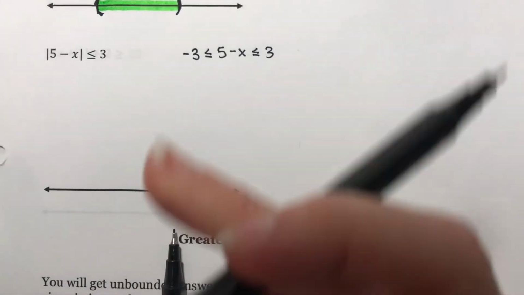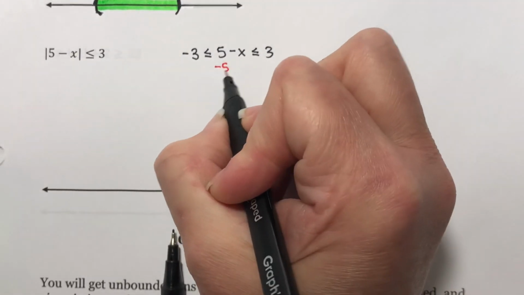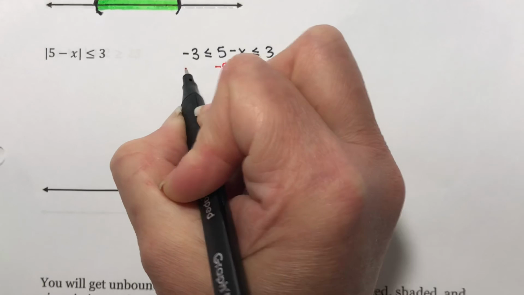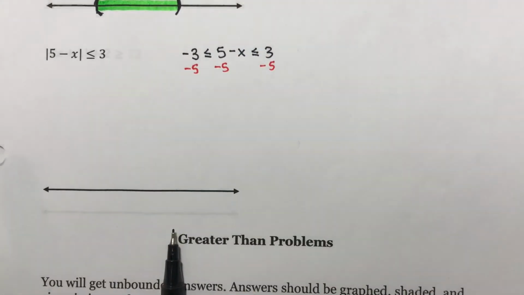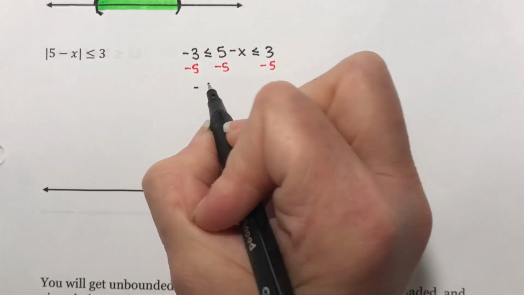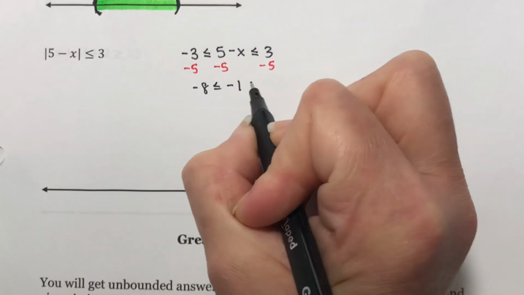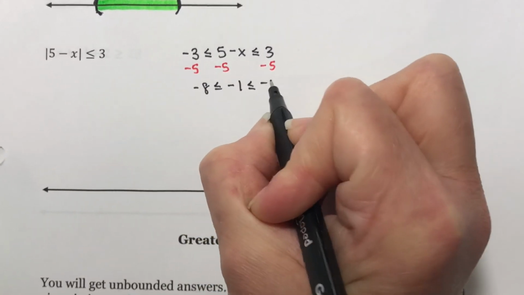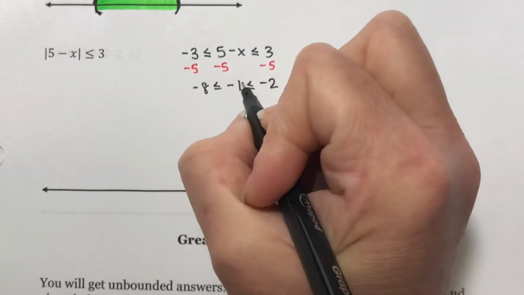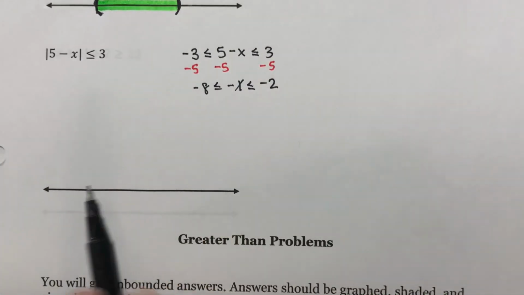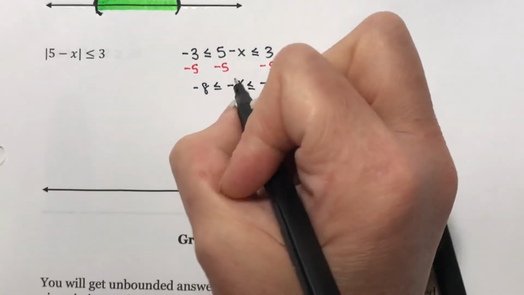To solve this, I need to subtract 5 from all sides, and that gives me -8 is less than or equal to -x is less than or equal to -2. Negative x, sorry. And there's an understood 1 right there.